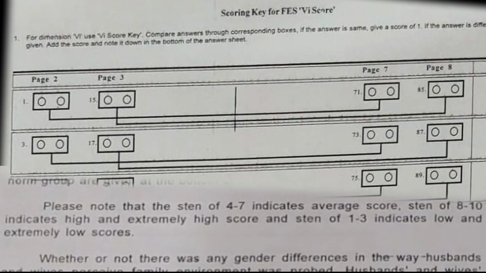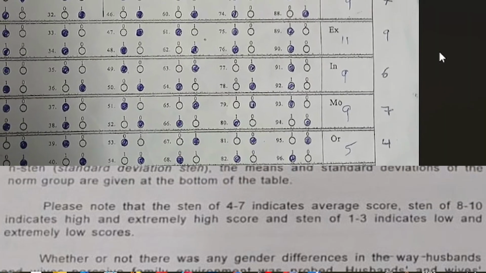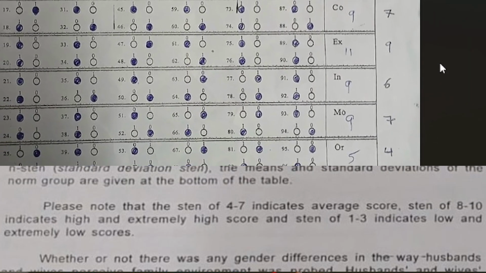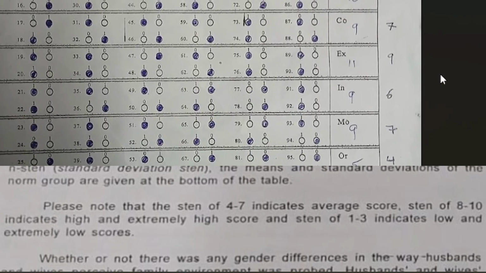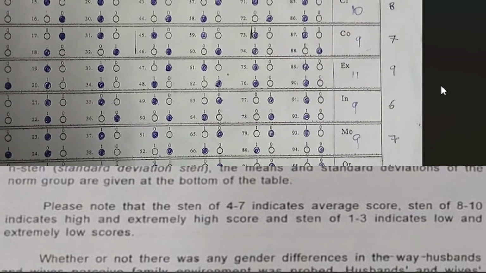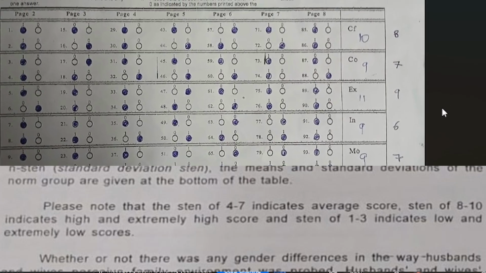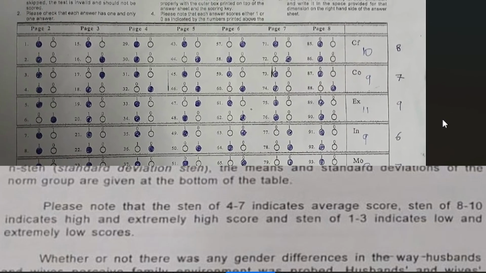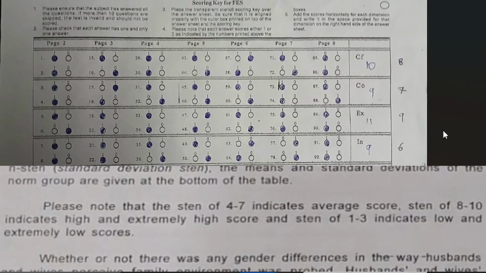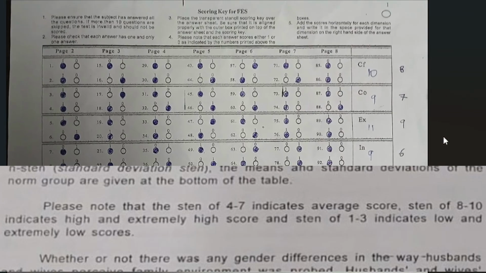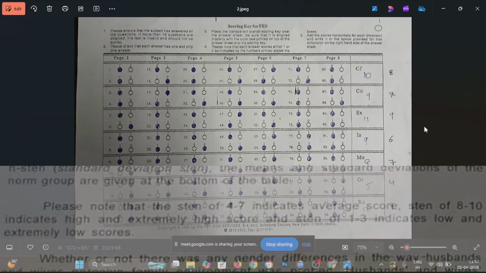So what we'll do is, wherever we see a score between 4 and 7, we will score it as average. 8 and 9, we will score it as high, and 10 as extremely high. 3 and 2 we will score as low, and 1 we will score as extremely low.